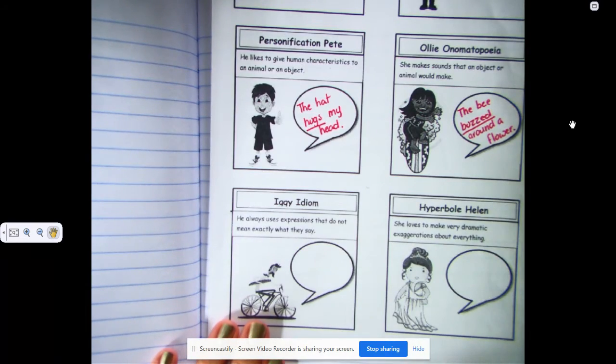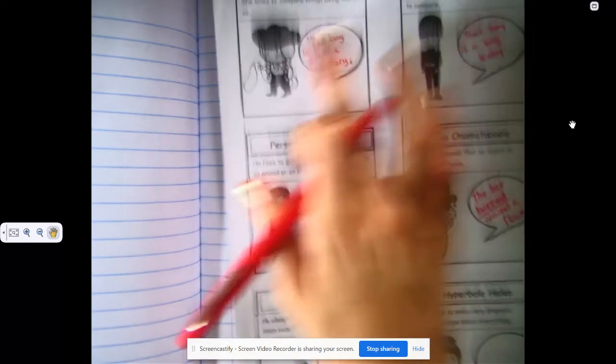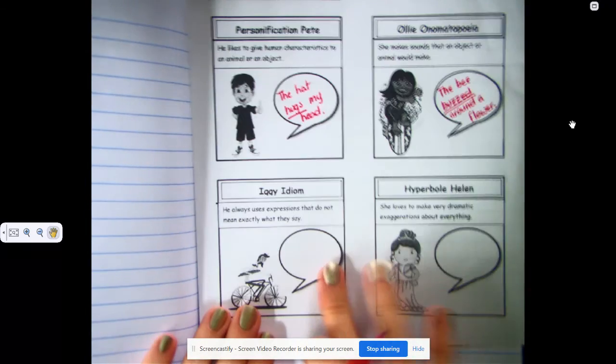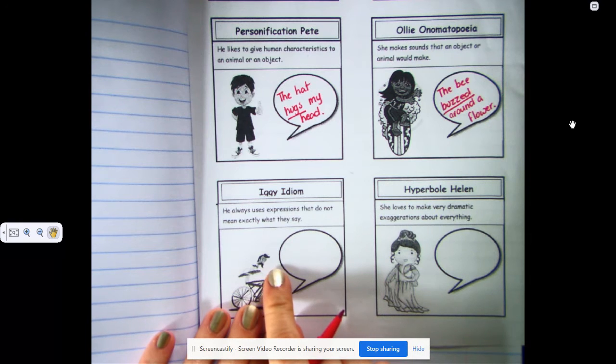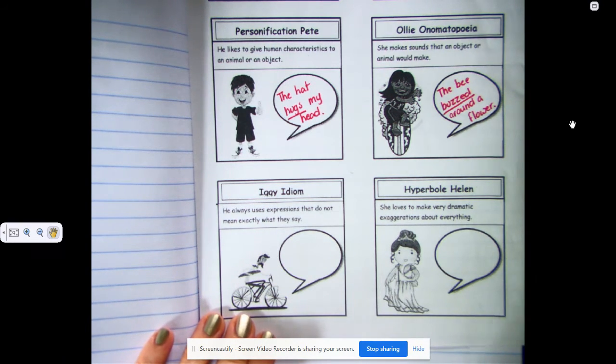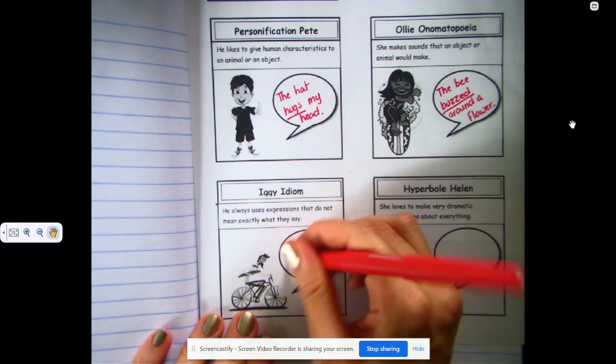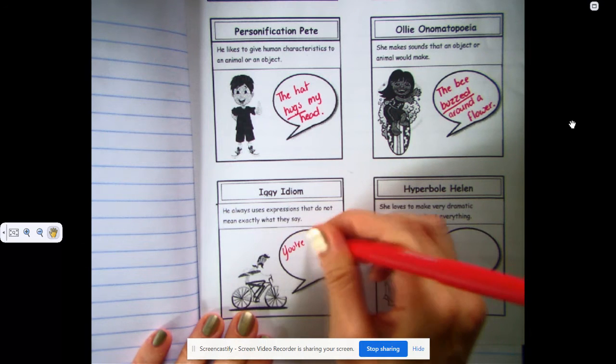Next, we have an idiom. And a lot of these other ones can be an idiom as well as this one, okay? An idiom is just something that doesn't mean exactly what it says. And there's a lot of these in the English language. Let's give an example. You're the apple of my eye.